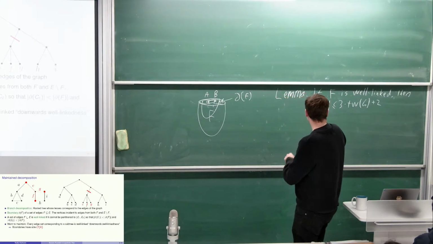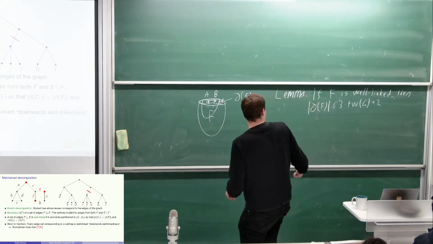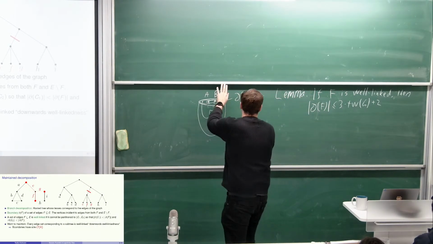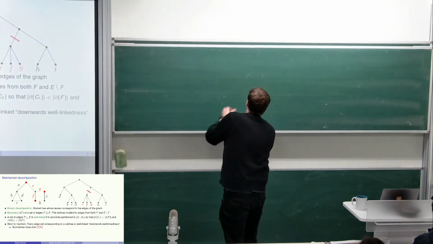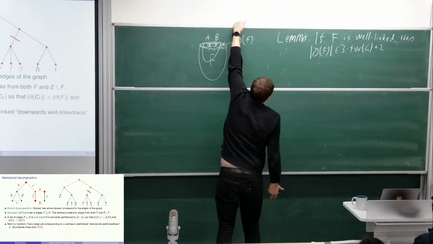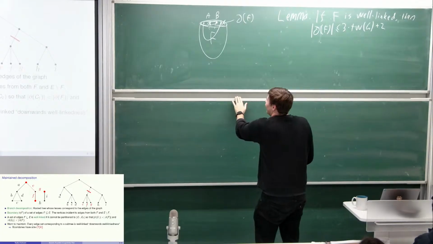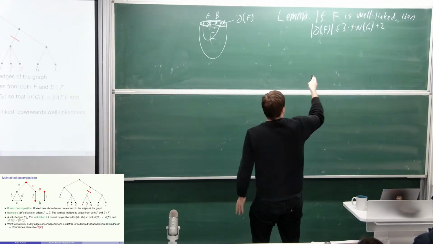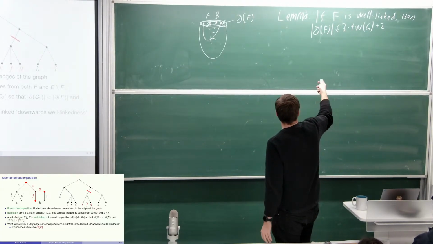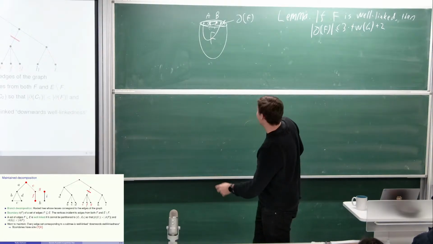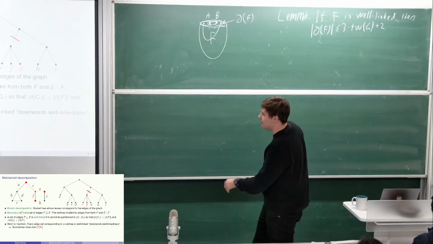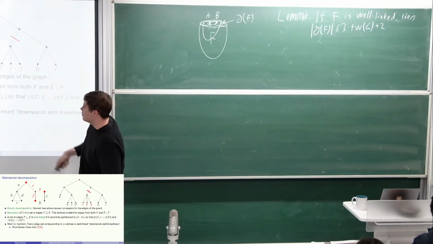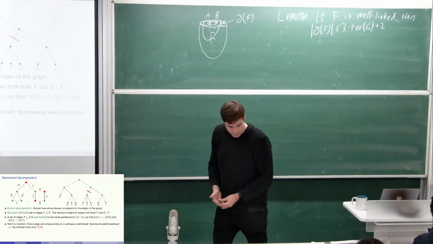I'm kind of in front of this, but I hope you see it. So if you have a bounded treewidth graph, a treewidth k graph, then all of these boundaries will have size O of k.